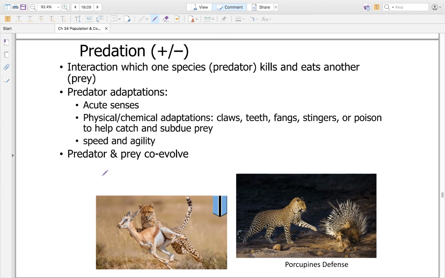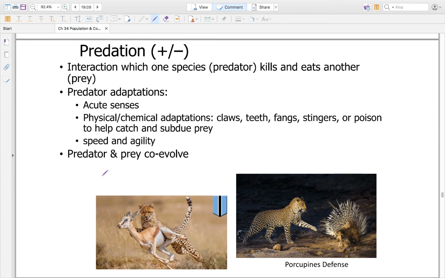Predation. Predation is pretty interesting. This is obvious. Predation is when a predator kills and eats a prey, and the predator is going to benefit, the prey is going to suffer.